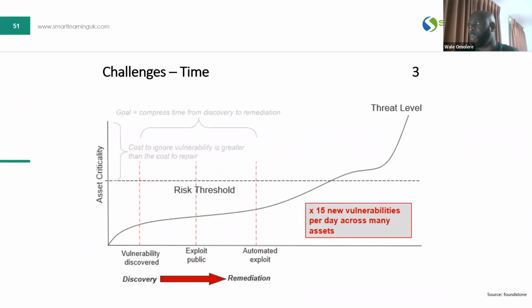Then we have the last one here, which is very similar: criticality, and the time of exploit is also compressed. So the point that we're trying to make is that this is a major challenge in most organizations, especially when we're talking about zero-day attacks.